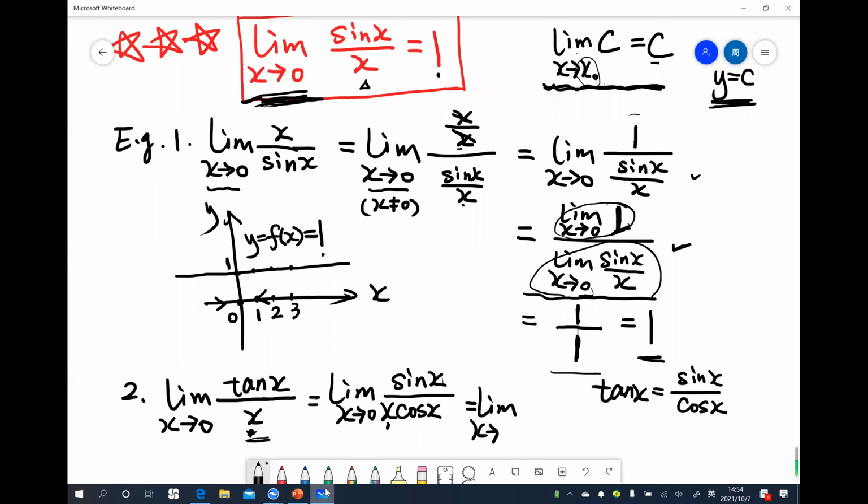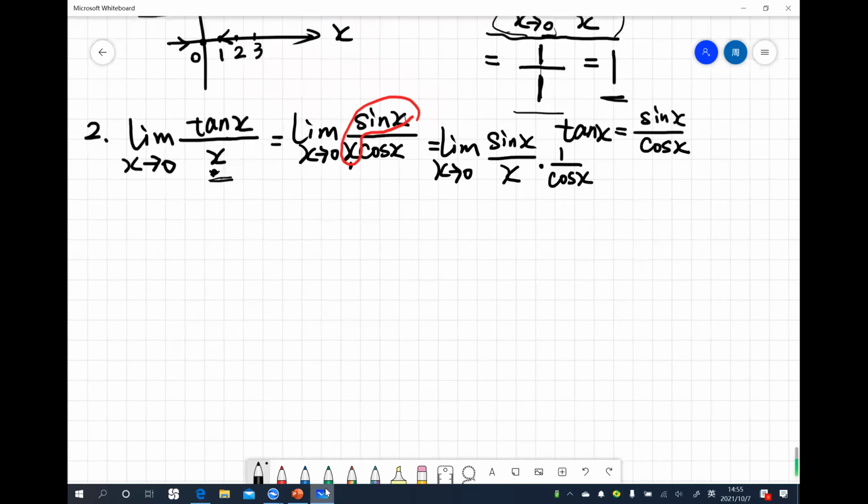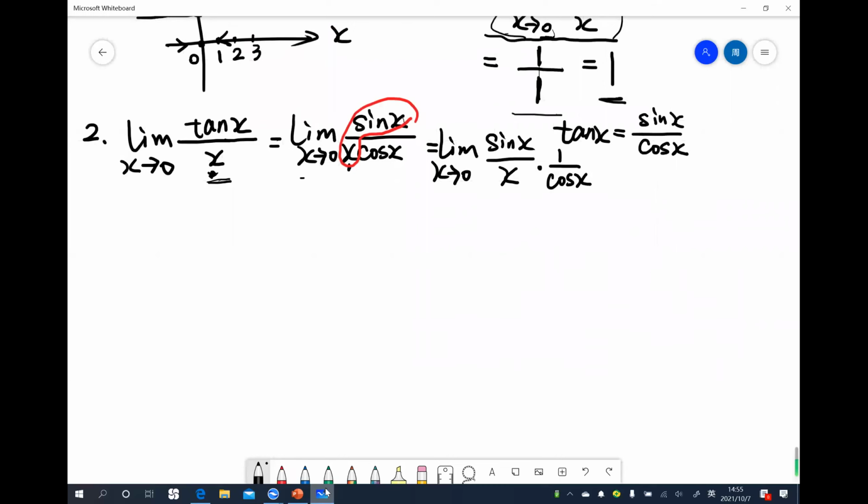As x approaches 0, sine x, we take these two parts together, so that equals sine x by x times 1 by cosine x, right? So can you understand from the second step to the third step?